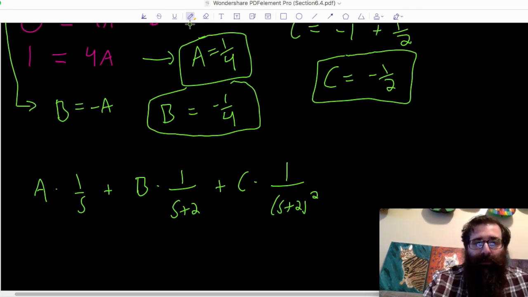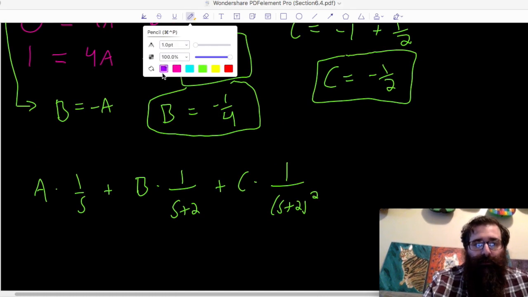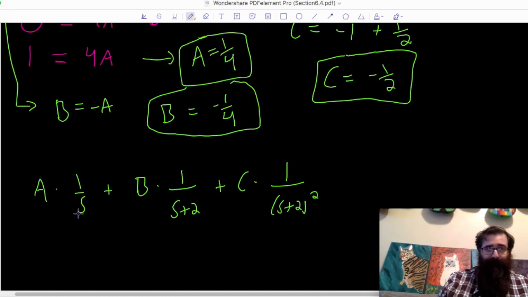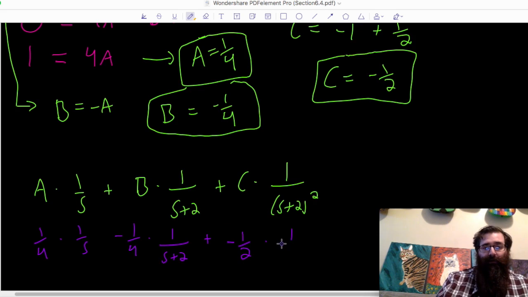Let's do the purple. A is 1/4. So we have 1/4 times 1 over s. B is negative 1/4 times 1 over s plus 2. And then C is, it's a plus sign there, but don't judge me, negative 1/2 times 1 over s plus 2 squared.